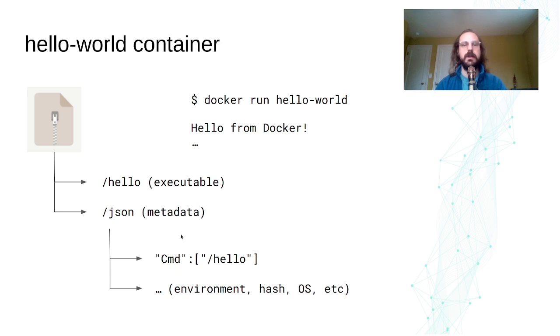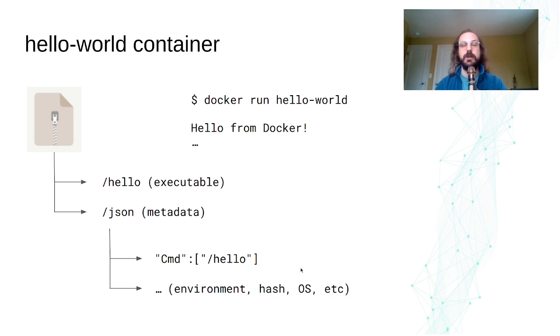And this metadata tells us some things like the command that we should run when we execute this container. So when I run docker run like I did above, it looks into this metadata and says, okay, I need to run hello, and then it executes the executable. There's also some information in here about the environment, if you have environment variables, a hash that helps us to know that we downloaded a correct and uncorrupted copy of this container.